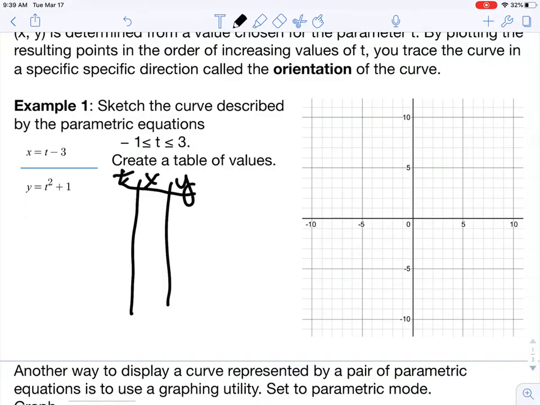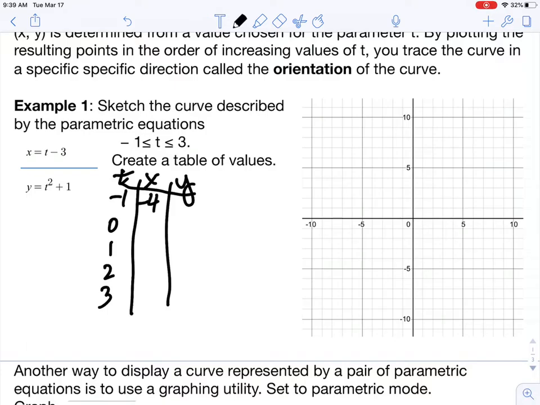Our t values have been noted to be only from -1 to 3. So let's do -1, 0, 1, 2, 3. And then we just plug them in to get our x's, which you guys know how to do. So you can pause there and do it, and I'll go ahead and do this.